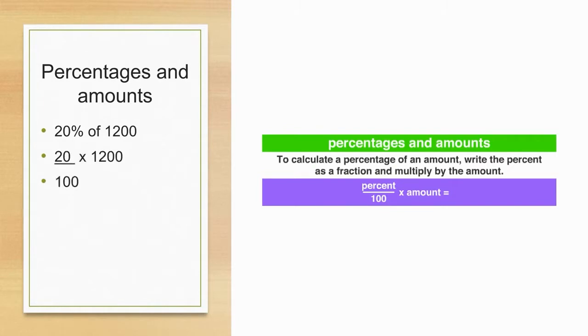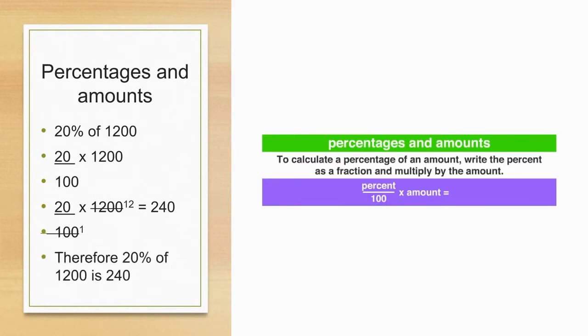It's 20 hundredths multiplied by 1,200, and we simplify where possible. 1,200 divided by 100 gives us 12. We multiply the numerators. 20 multiplied by 12 gives us 240. So 20% of 1,200 is 240.